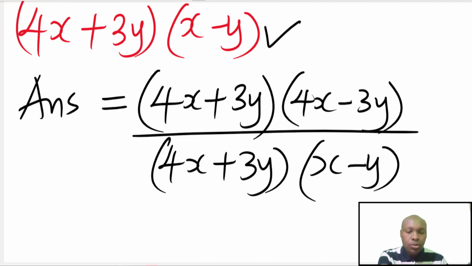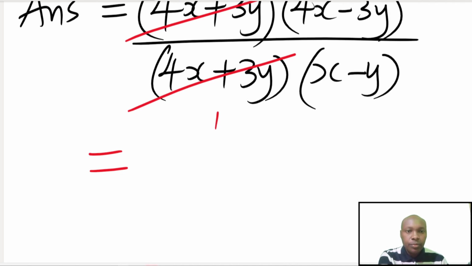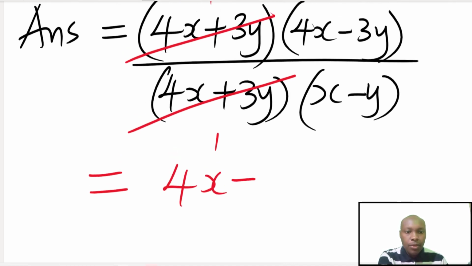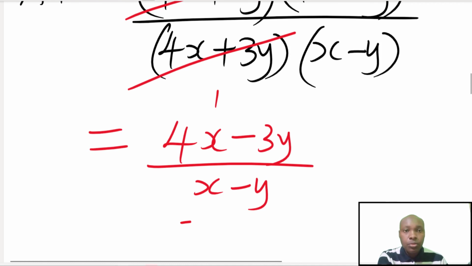You notice that 4x plus 3y is in both the numerator and the denominator, so that will cancel. We remain with 4x minus 3y divided by x minus y, and that is how we simplify that expression.